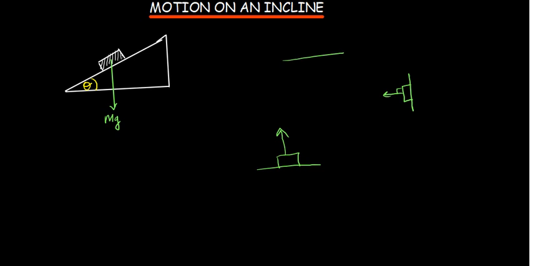It's not constant the way weight force always goes down. So we are going to have the normal force here, making 90 degrees to the surface of the object.